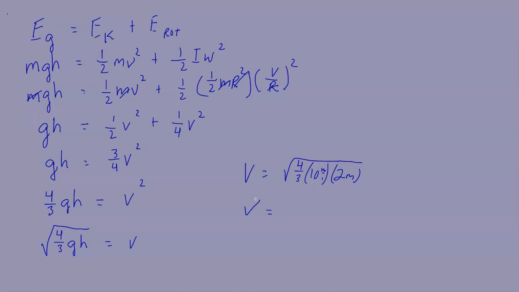Square root of the answer. Yep, 5.2. Perfect. All right, so 5.2 meters per second. So that's our answer right there for velocity. All right, so two different methods. Usually energy is the easier and better way to go.